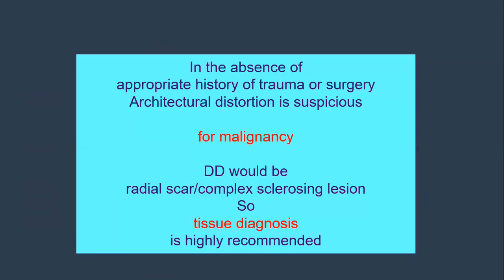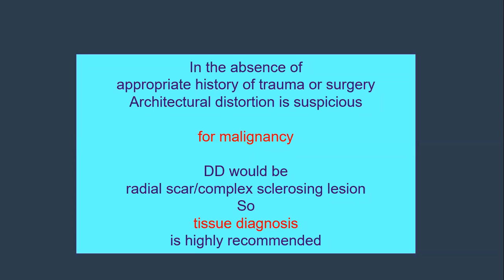Okay. So in the absence of appropriate history of trauma or surgery, architectural distortion is suspicious for malignancy, and the differential diagnosis will be radial scar, complex sclerosing lesion. So we have to take tissue to do tissue diagnosis. Tissue diagnosis is highly recommended.